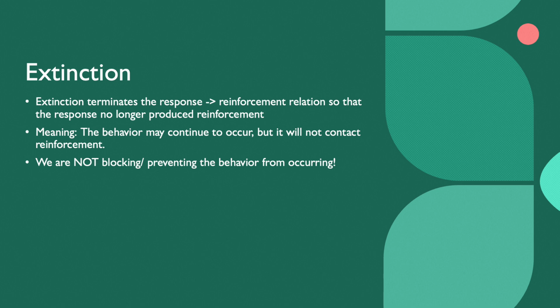Okay, so the response can occur, and actually has to occur for it to be considered an extinction procedure, but it's simply not going to contact reinforcement. One thing that I see often is that people confuse extinction with other procedures. Like, for example, they'll confuse extinction with punishment. In extinction, we are not blocking or preventing the behavior from occurring. It's quite the opposite. In extinction, the behavior has to occur, and what simply happens is the organism does not contact reinforcement. That's all it is.